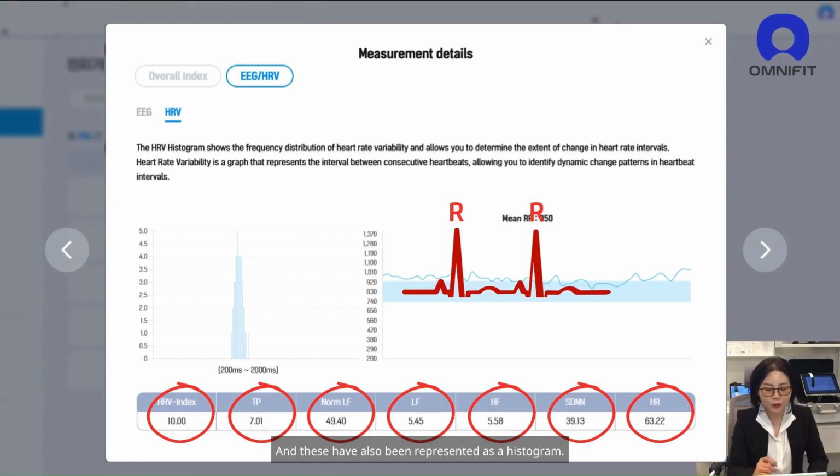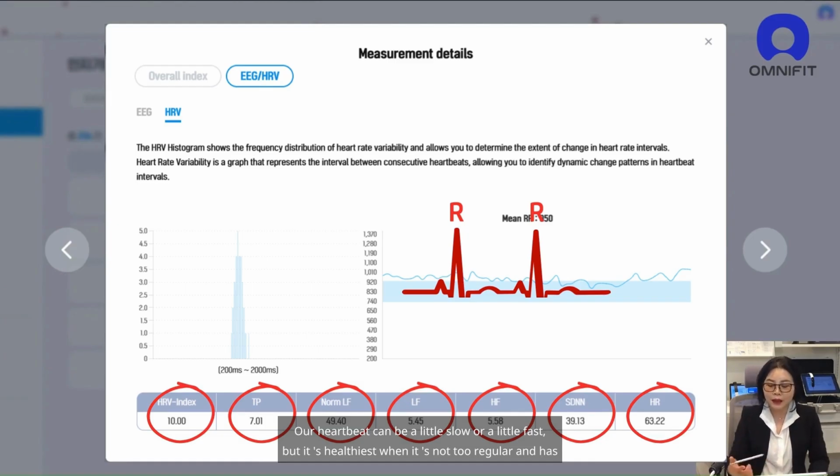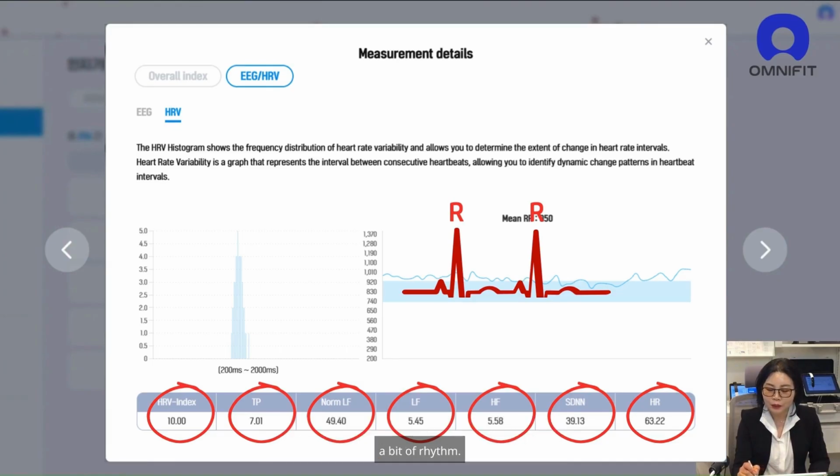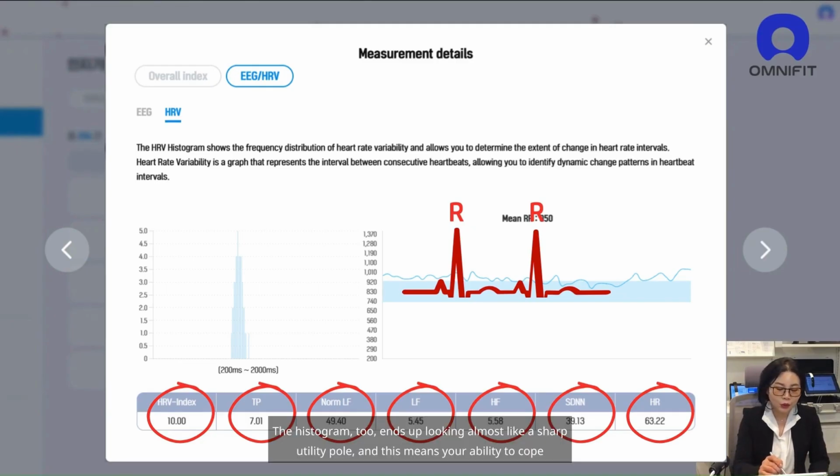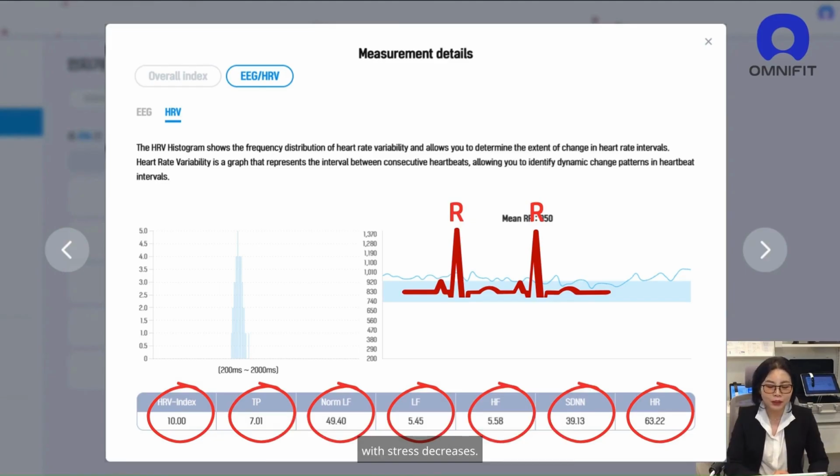And these have also been represented as a histogram. Our heartbeat can be a little slow or a little fast, but it's healthiest when it's not too regular and has a bit of rhythm. If the beats are too regular, the line would be almost straight. The histogram, too, ends up looking almost like a sharp utility pole, and this means your ability to cope with stress decreases.